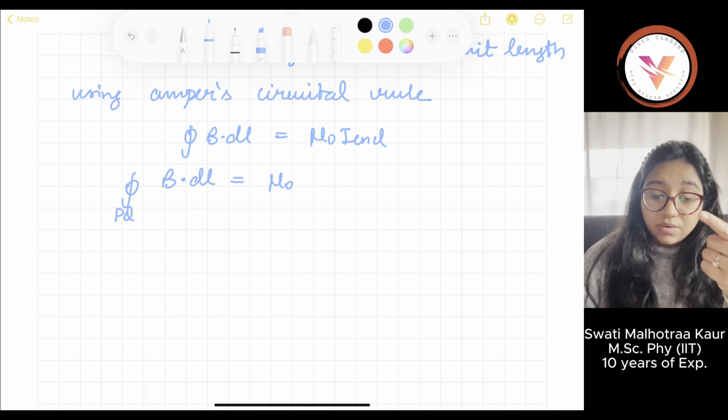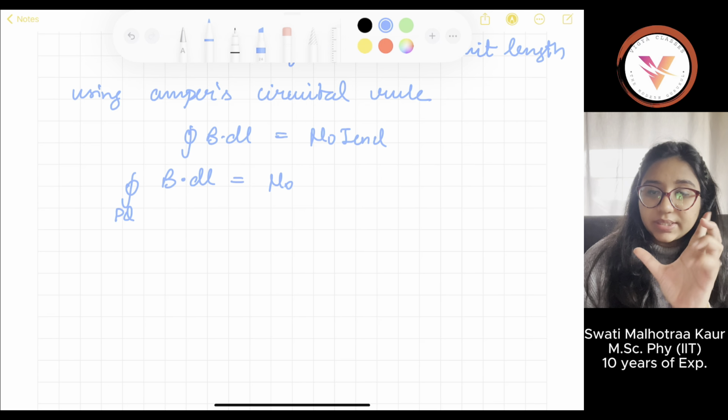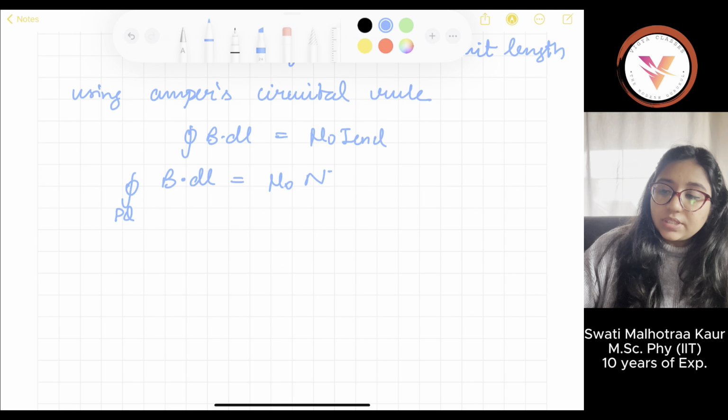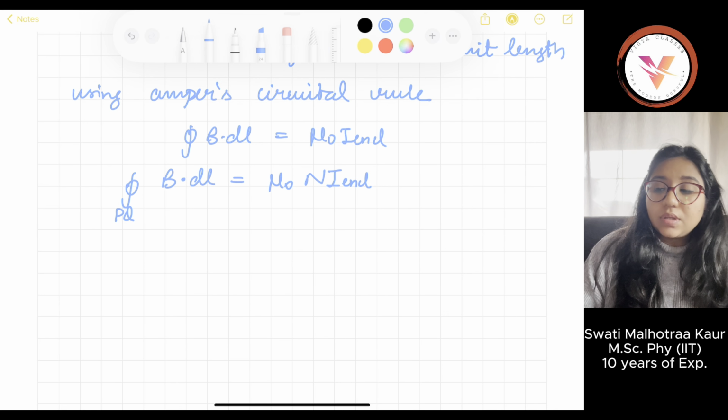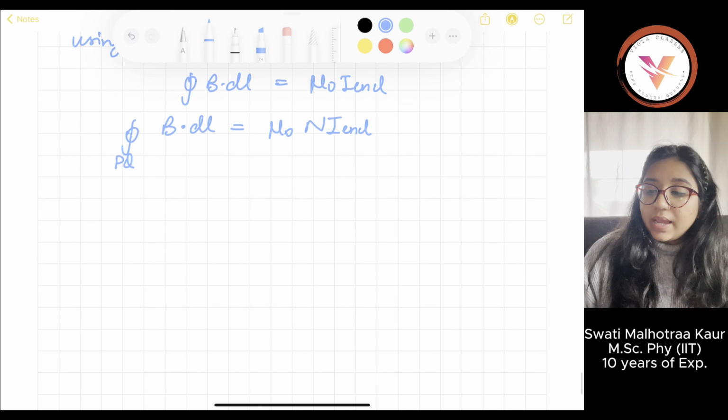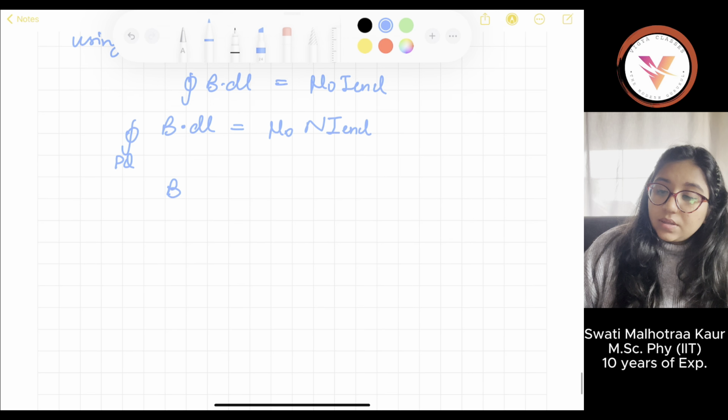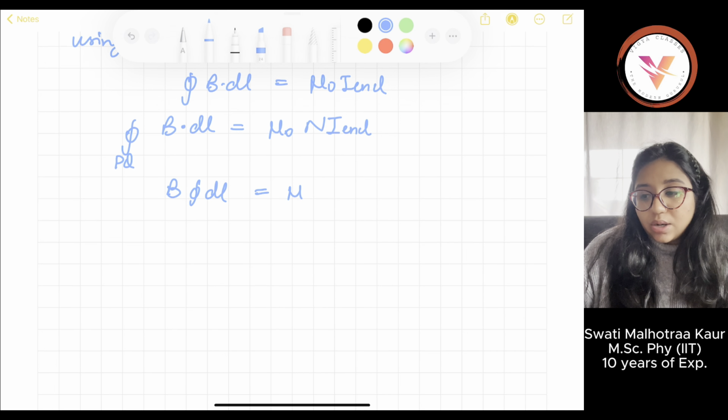If for one loop, current I is flowing and the total number of turns is N, then total I enclosed is N times I. If this is B and you have to integrate over dl, the length of PQ is L only.